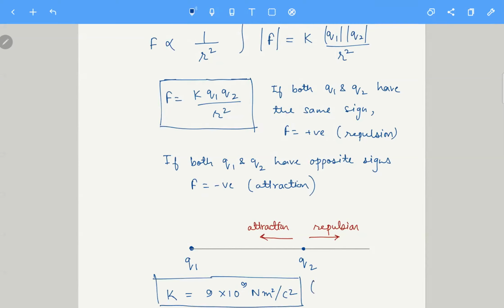This is the value of K in vacuum or air. Air may be approximately the same value, but in different mediums, the values may slightly decrease. We'll continue with this the next time.